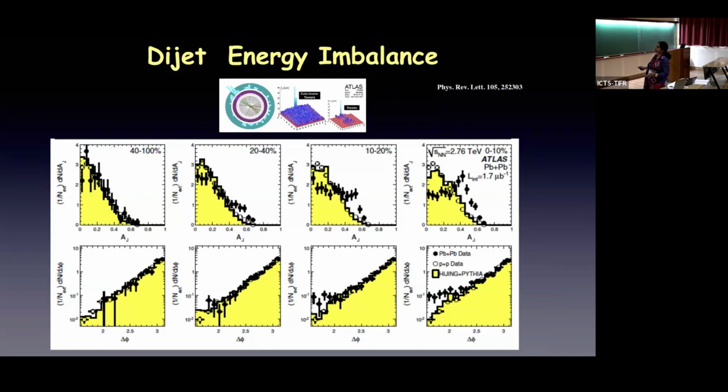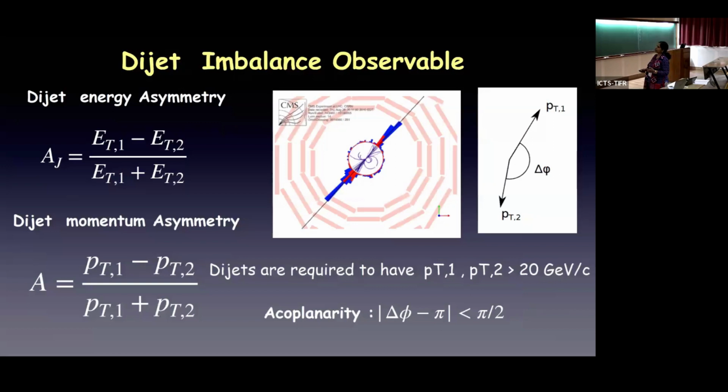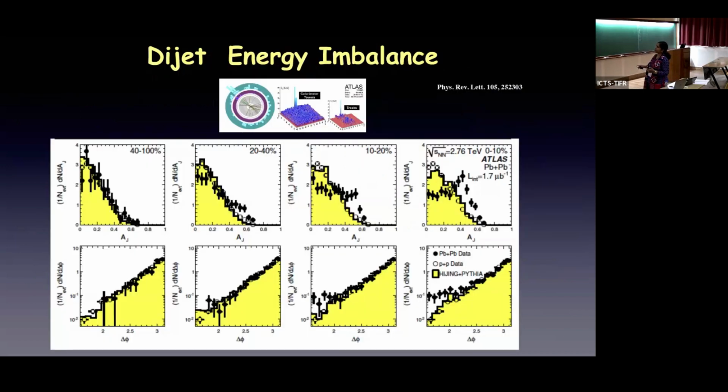This is the first measurement of centrality dependence, and it is clear evidence that once the second part of the dijet passes through the medium, it loses energy, and hence you have this numerator increasing because of this imbalance, and it is reflected in the experimental results. So this was the first measurement at LHC for dijet asymmetry.